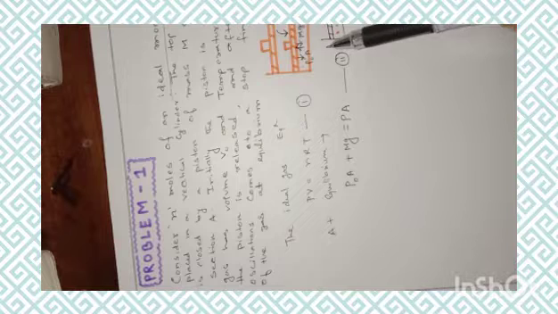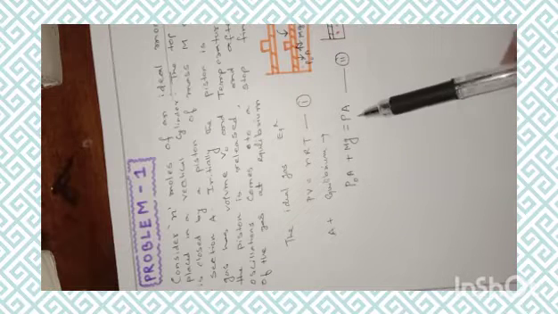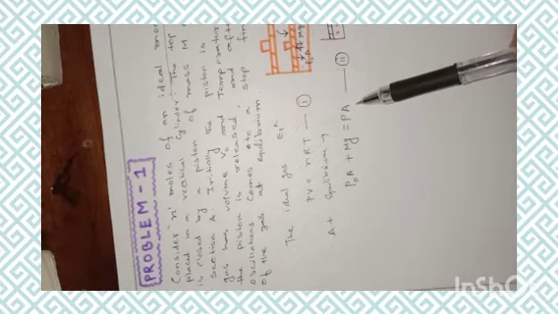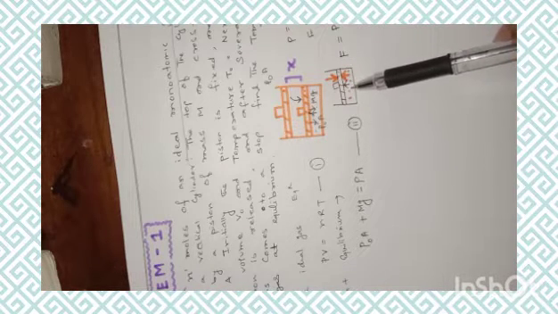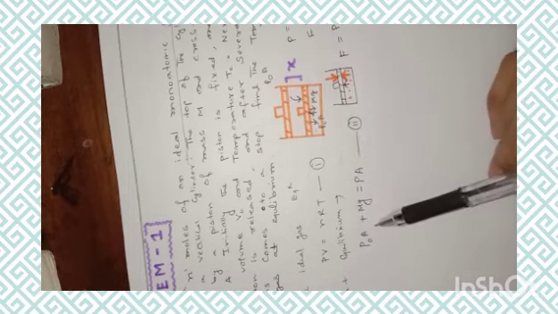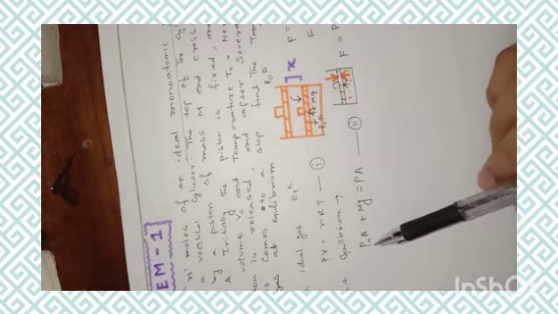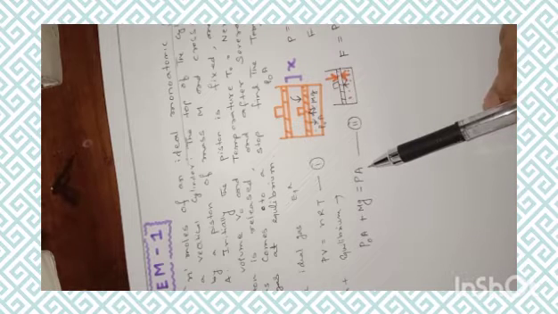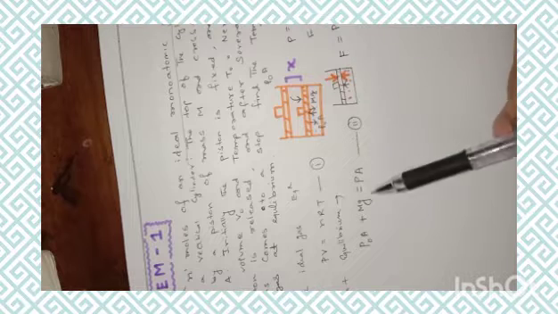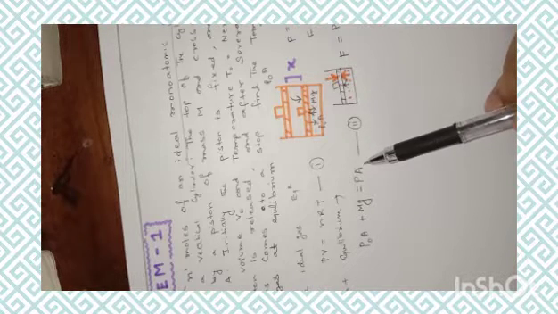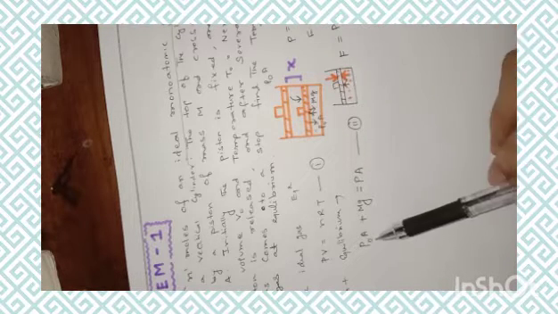So at equilibrium this equation has to be satisfied. The above equation implies that the force exerted on the piston by the gas, that is PA, should be equal to the force exerted by the piston on the gas, that is P0A plus mg.